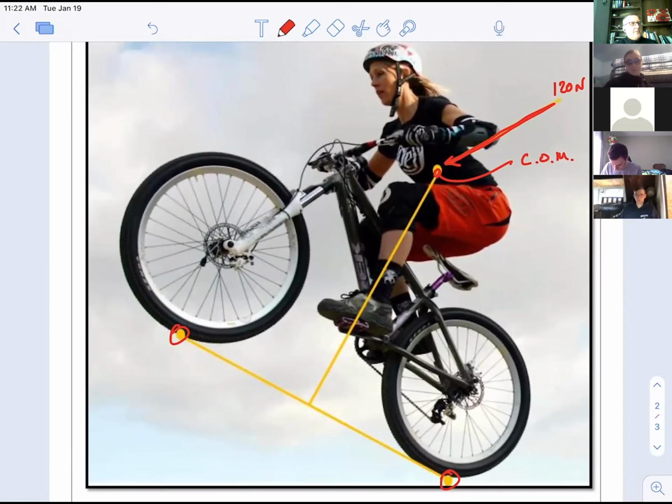And so I'm imagining, as I said, her back tire is hitting the ground. So let's give this an angle. Let's just do it to the horizontal. That looks like about 28 degrees maybe. So let's say she's coming in, the vector is at a 28-degree angle.